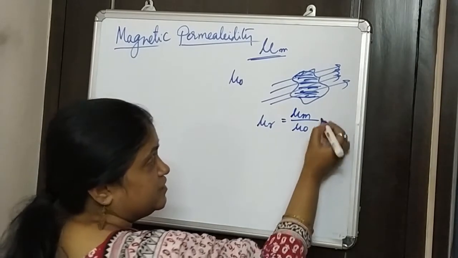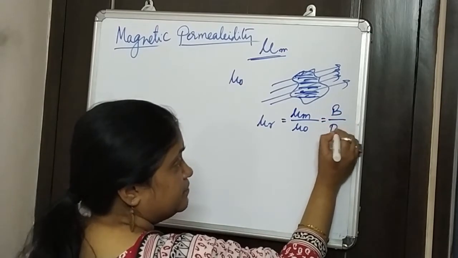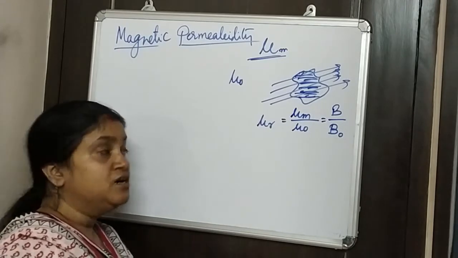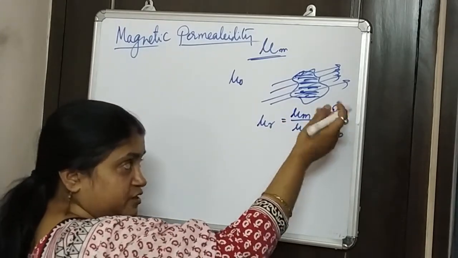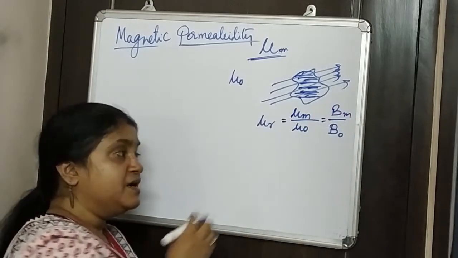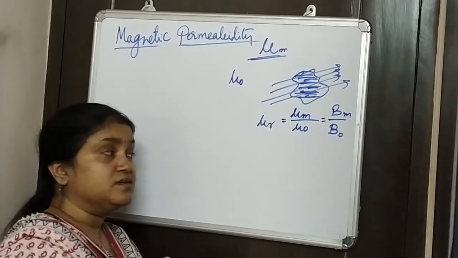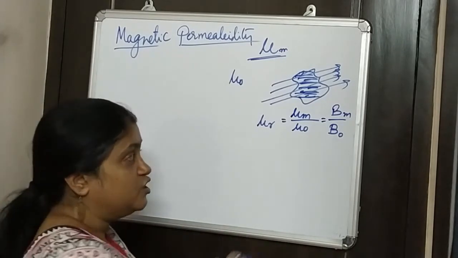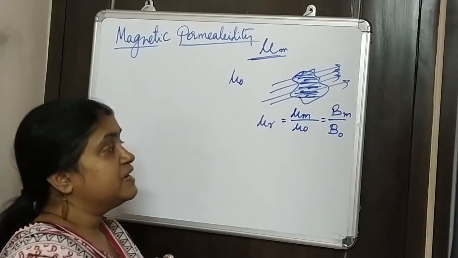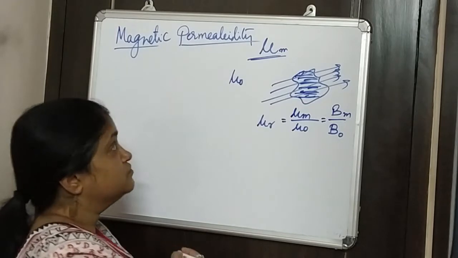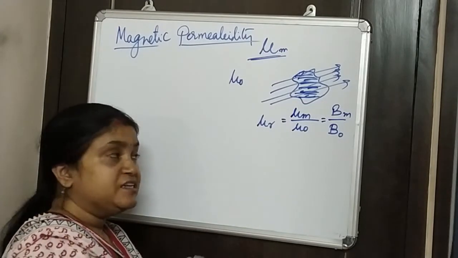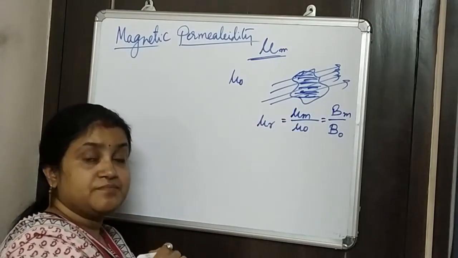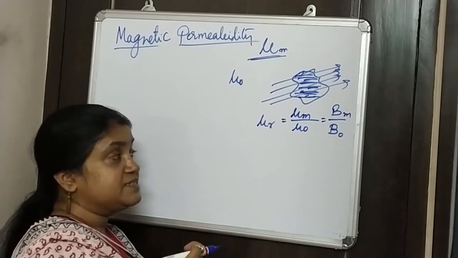This can also be written as B by B naught, where B is the magnetic flux density of a particular medium, which I can write as Bm, and B naught is that for vacuum. This is the relative magnetic permeability.